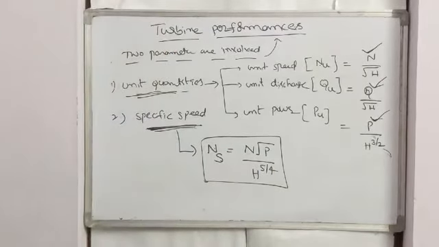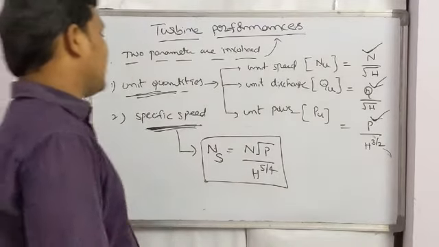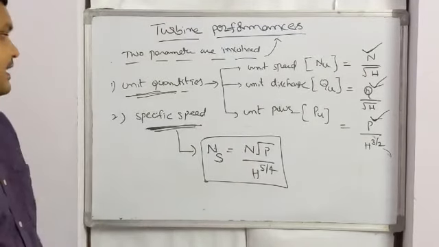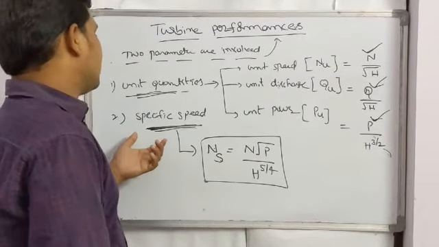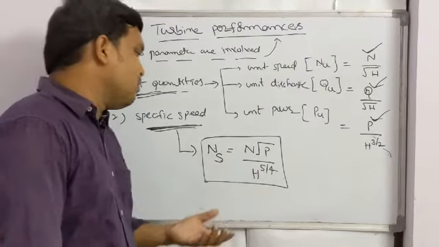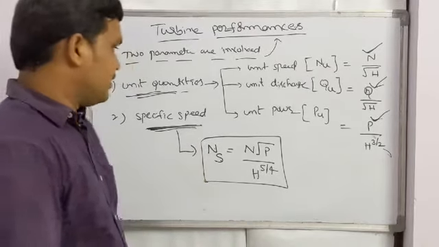Specific speed is defined as the speed of a turbine which is identical in shape, geometrical dimensions, blade angles, gate opening, etc. It is used for comparing different turbines, that is, how much specific speed is available for each different turbine.